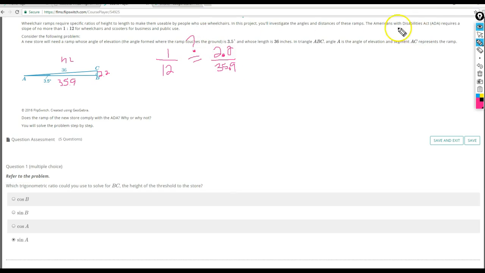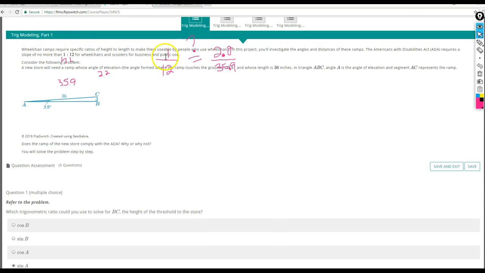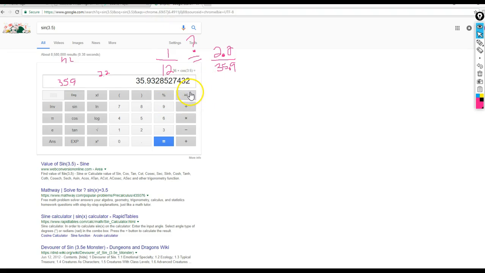So we're checking to see if this does or does not equal our same ratio. So if we go to our calculator, 1 divided by 12 is equal to 0.0833 repeating. Does that equal 2.2 divided by 35.9? That is 0.06.